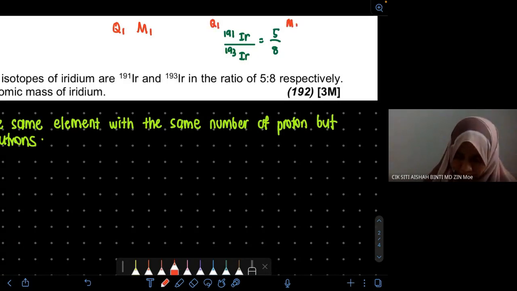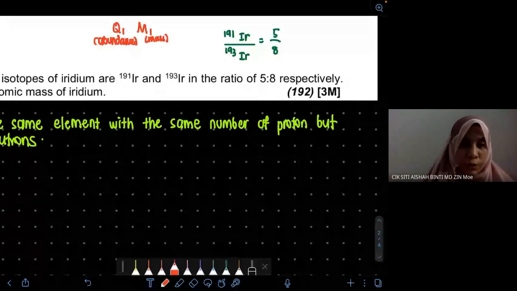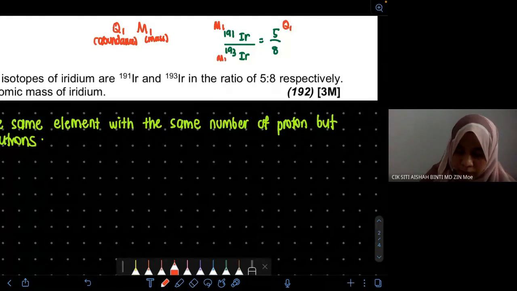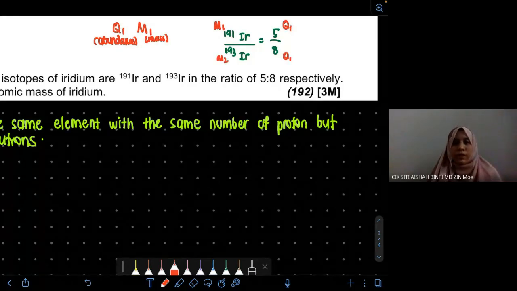Sorry, it's the other way around. Miss was wrong too. Q is abundance, M is mass, which is the same as our nucleon number. So the value here is our M, this is our Q, this is our M, this is our Q.